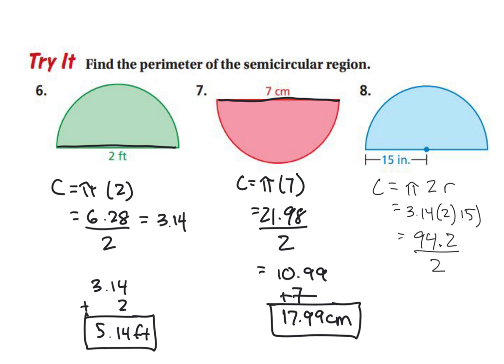We'll divide that by 2 because we have a semicircle. And we get 47.1. And then we add the diameter. The whole diameter is 30. So we get 77.1 inches.